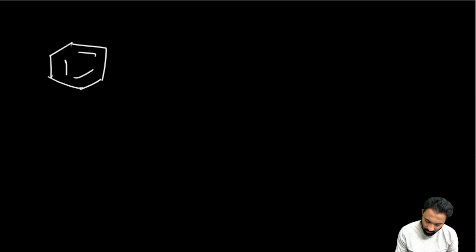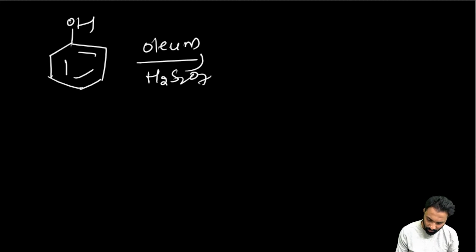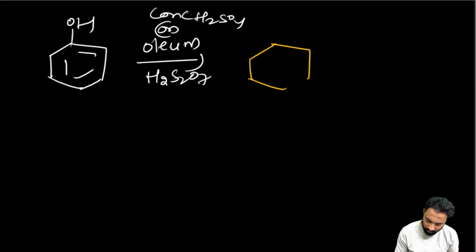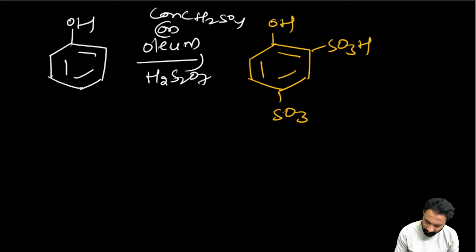First, the phenol in the presence of oleum or concentrated H2SO4. Now what will this concentrated H2SO4 do? The electrophile generated in sulfonation, the sulfonic acid reagent, is generated, right?